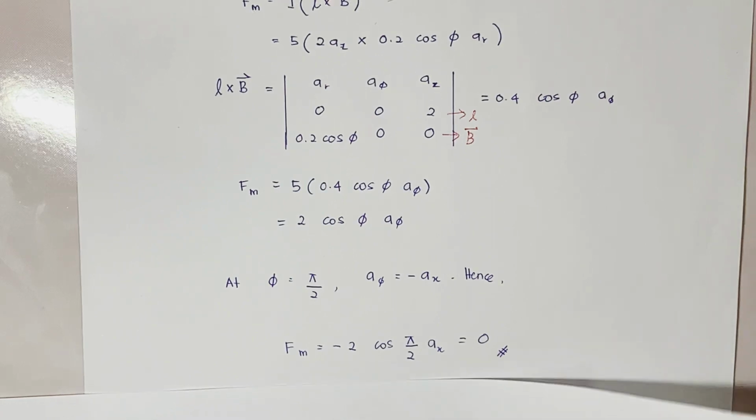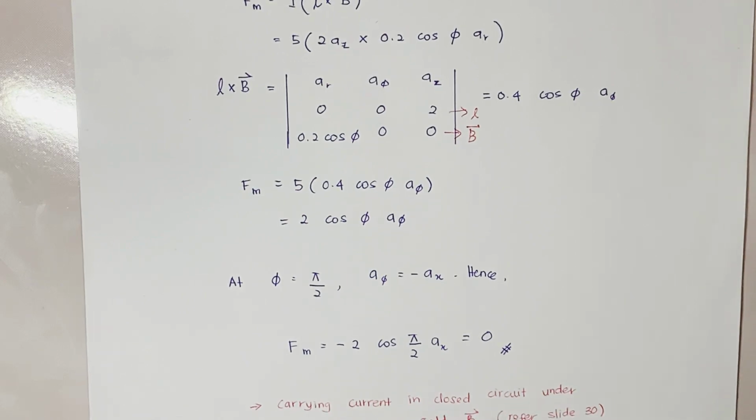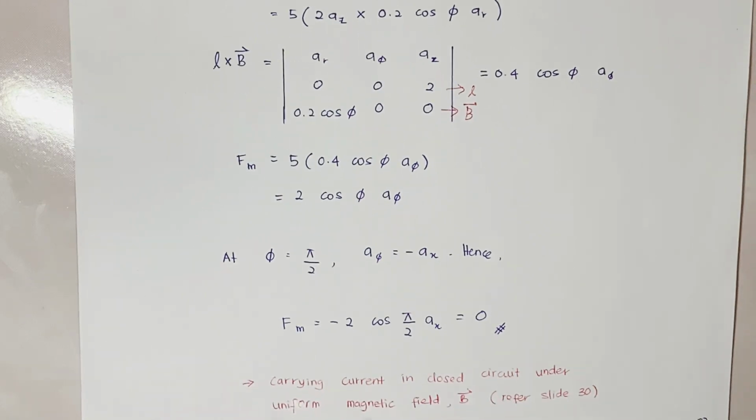So when we solve this magnetic force, you will get 0. What is the meaning of this? Fm equal to 0 means a current-carrying closed circuit under uniform magnetic field B. You can refer to this info on slide number 30.